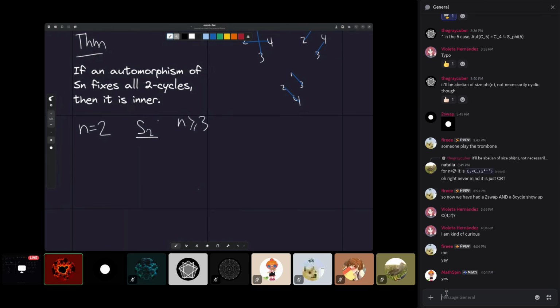There's only the identity one. So every automorphism is inner because every automorphism is the identity one. So for n equals 2, it's trivial. N equals 1, even more trivial. So we're going to assume n is bigger than or equal to 3.